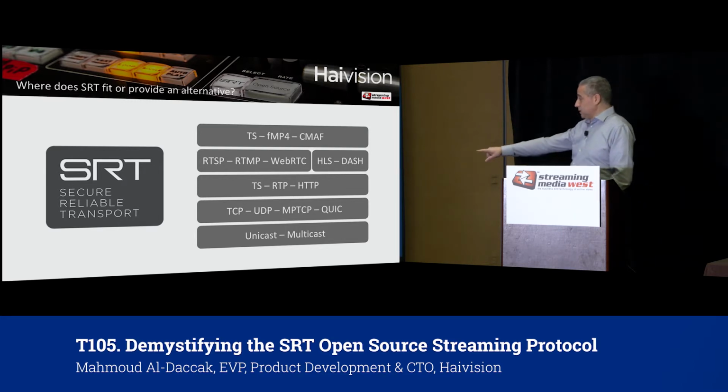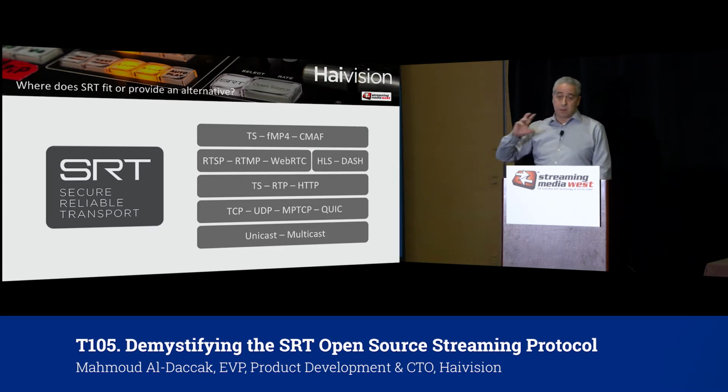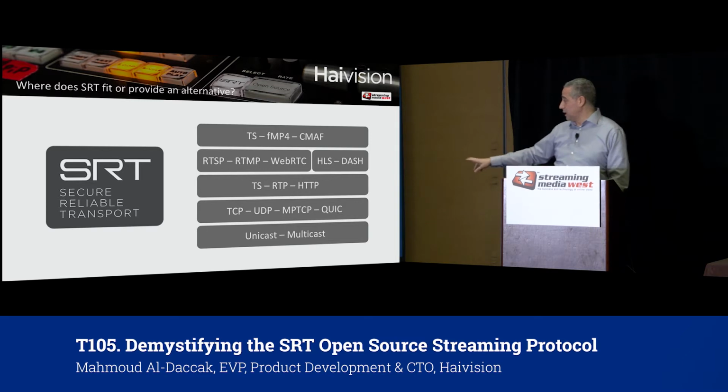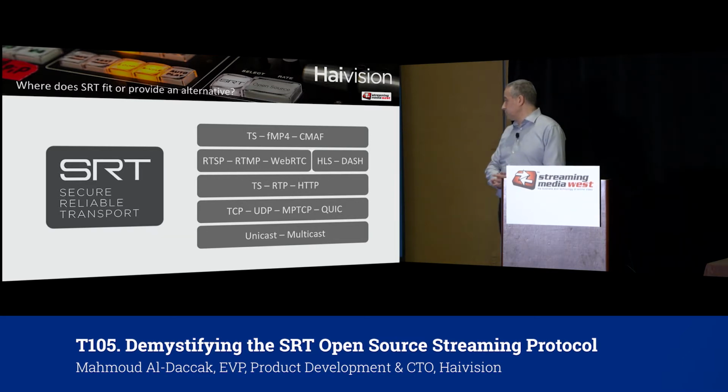Again, as I said, it relies on unicast, so it's unicast only, although if you use FEC instead of ARQ, it can be used in a multicast scenario. It relies on UDP as opposed to TCP, so UDP doesn't have the reliability of TCP, but we try to compensate for that.